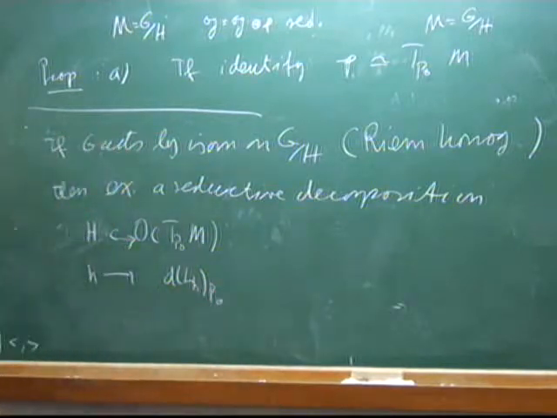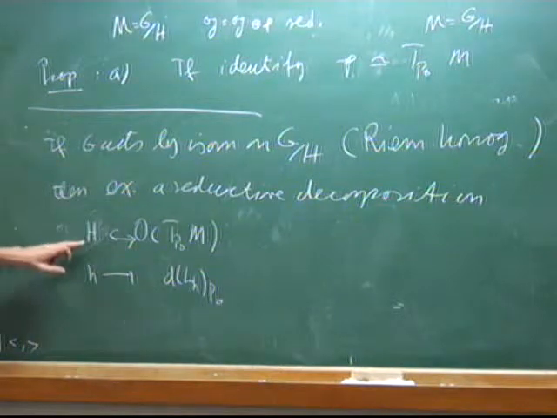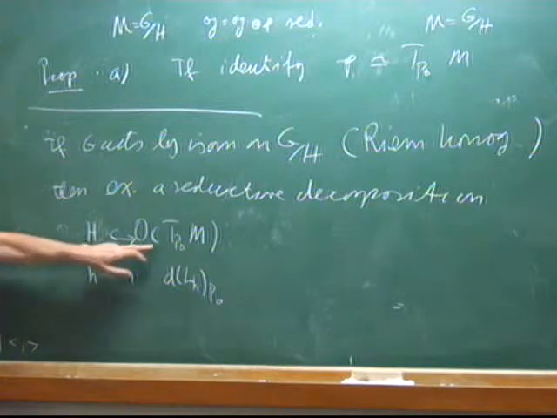And as you said, because it's Riemannian homogeneous, that's effective. Notice that it doesn't quite imply H is compact, but at least it has compact closure inside here.